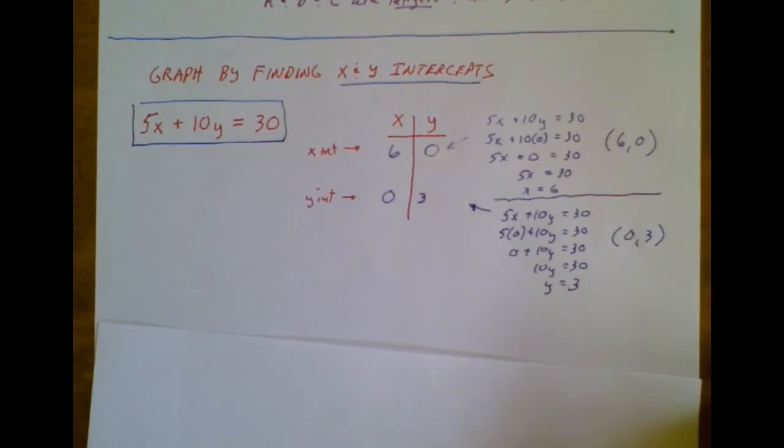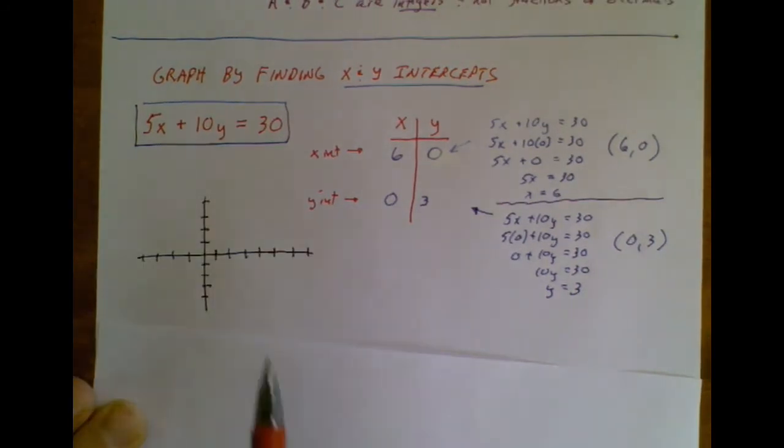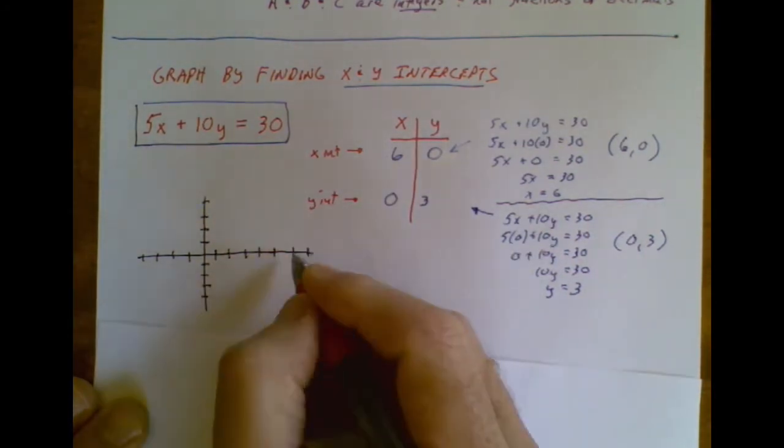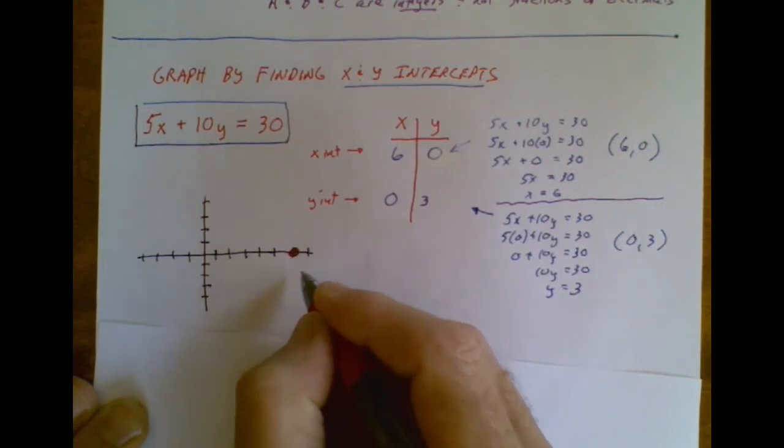I've now figured out the x-intercept and the y-intercept, so now I can graph them. Watch how easy this is. I've made a very crude coordinate grid. My x-intercept is (6, 0), so I just put a dot right there at (6, 0).